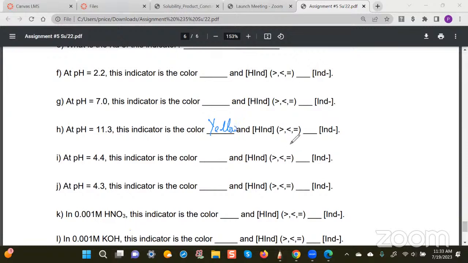And which one would be of a greater concentration? IND minus. Okay, so the answer would be the greater than sign here. And then now pH 4.4. Wouldn't it be a less than sign? No. Yes, you're right. Sorry. So this would be a less than sign here.